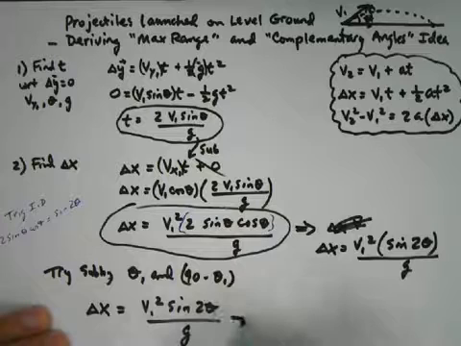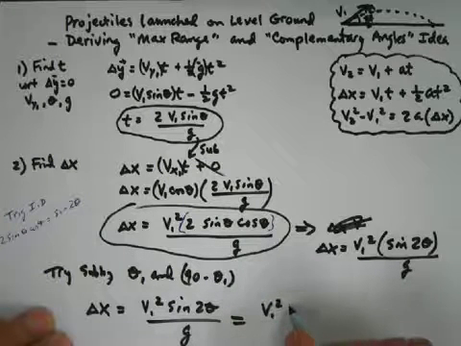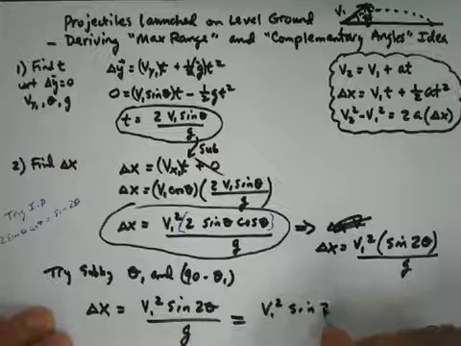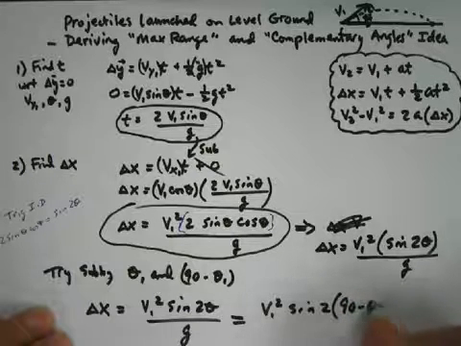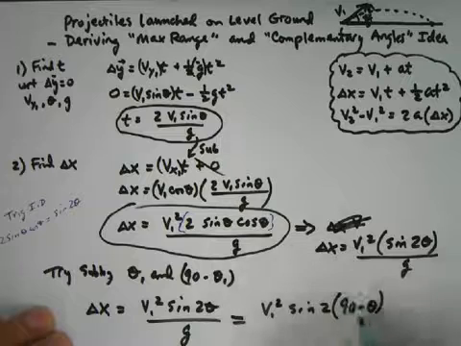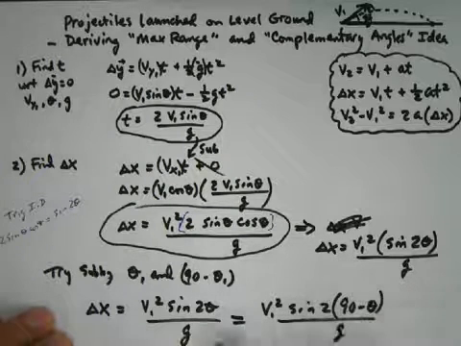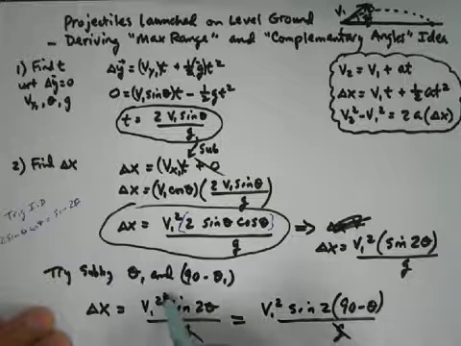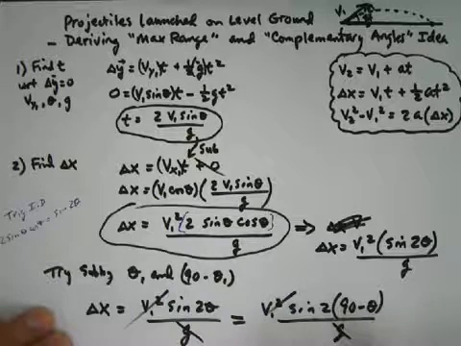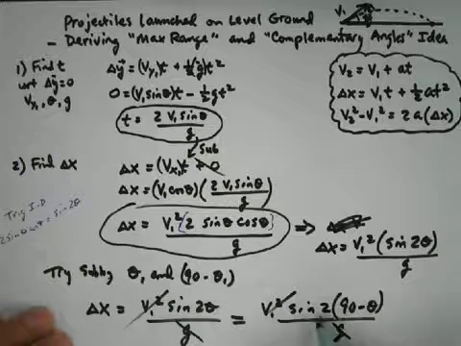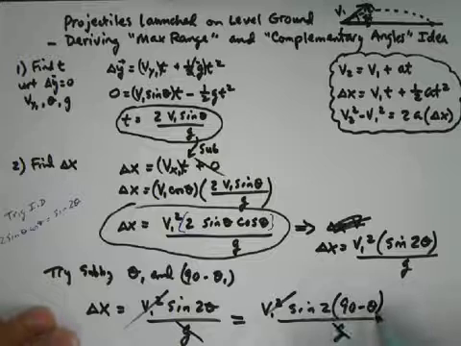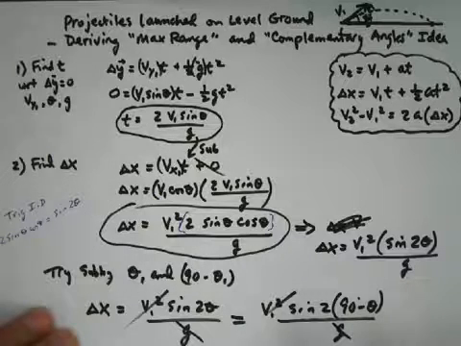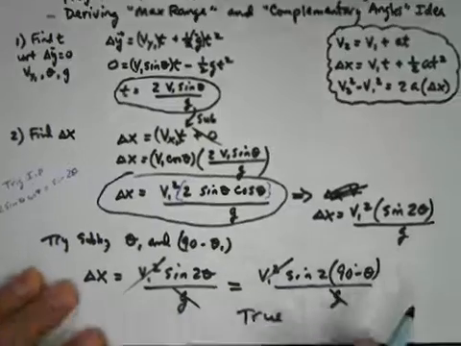Set that equal to V1 squared sine 2 times 90 minus theta over g. We have g's in the same spot. We'll multiply both sides by g, that drops off. Divide both sides by V1 squared, that drops off. And we're left with sine 2 theta equals sine 2 times the quantity 90 degrees minus theta. There goes the ceiling lights again. And that is true.